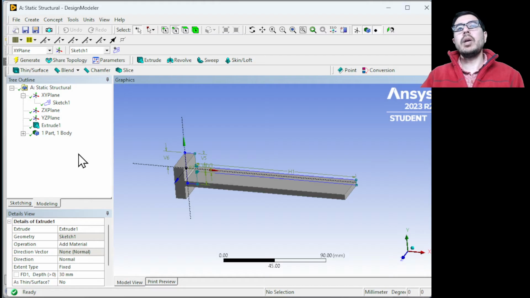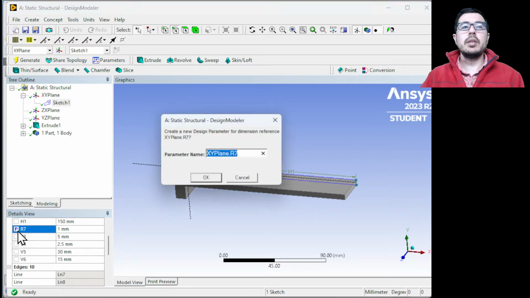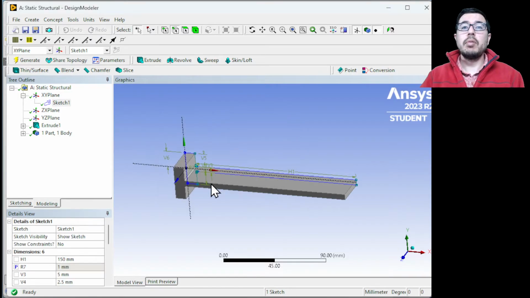One thing that might be useful for us in a few minutes, we don't have to do it, but we can do it, is we'll go ahead and make this fillet radius a parameter that we can access from Workbench. Okay.